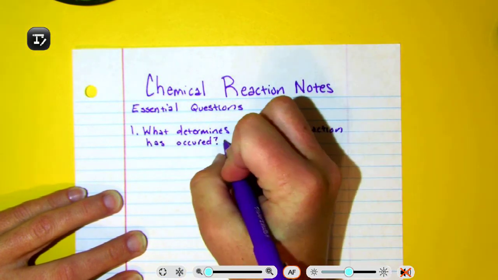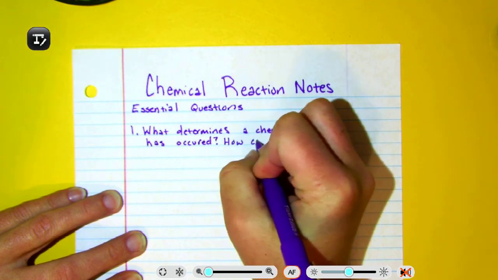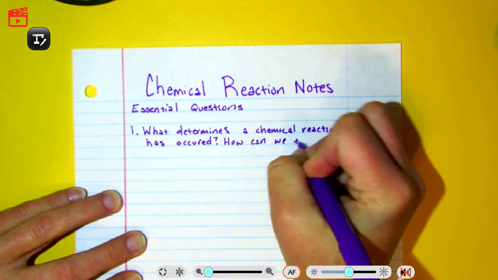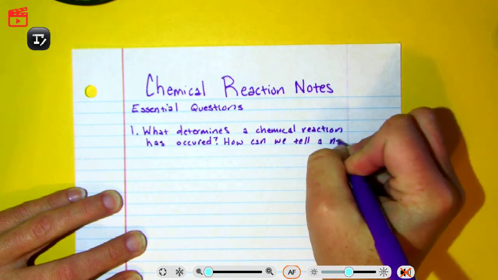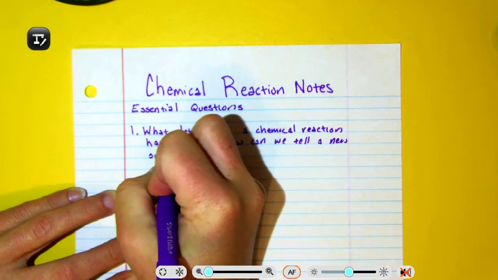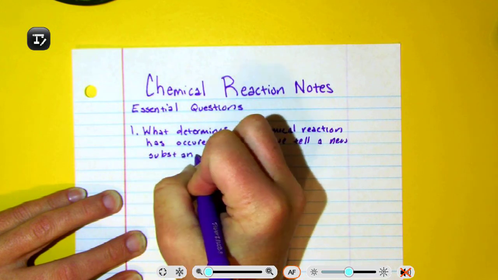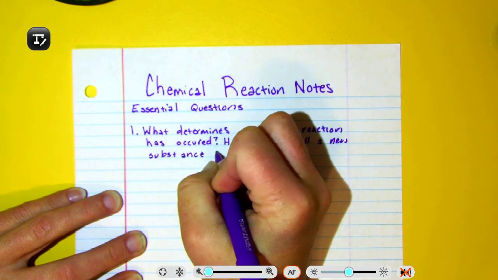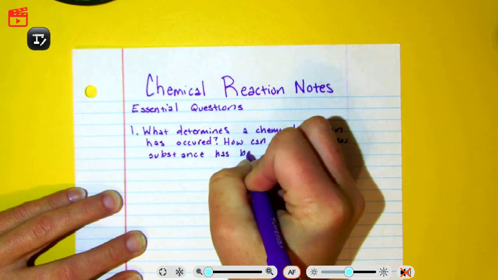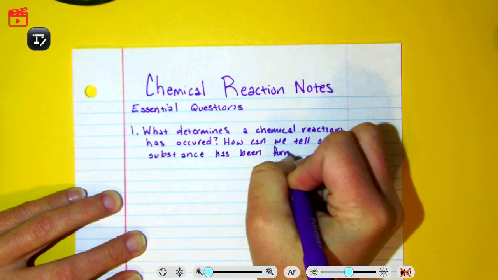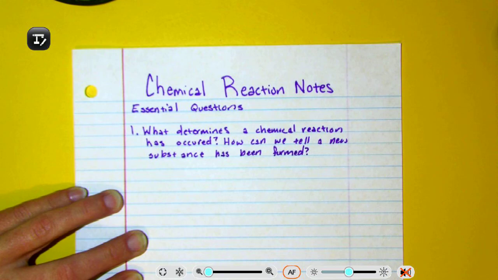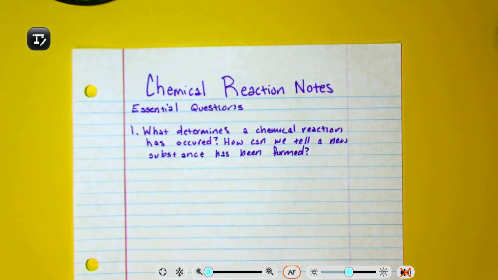And how can we tell a new substance has been formed? If you currently cannot tell what determines a chemical reaction has occurred and how we can tell a new substance has been formed, we're going to figure it out.